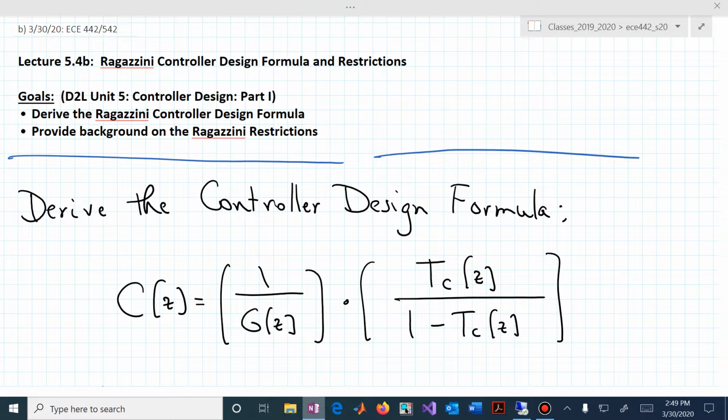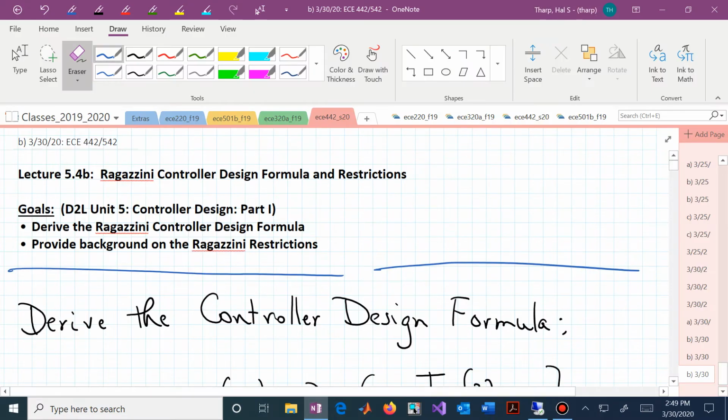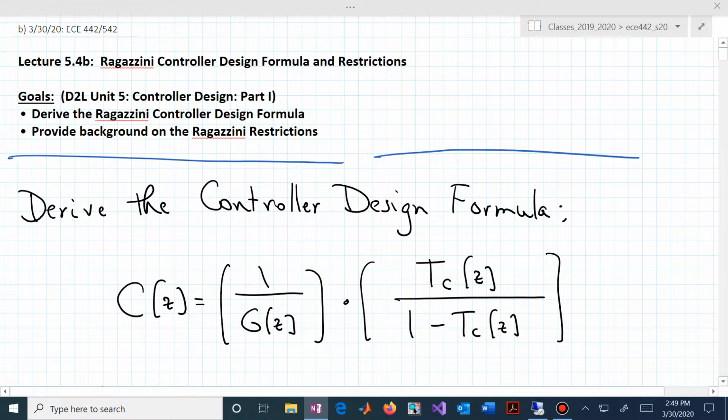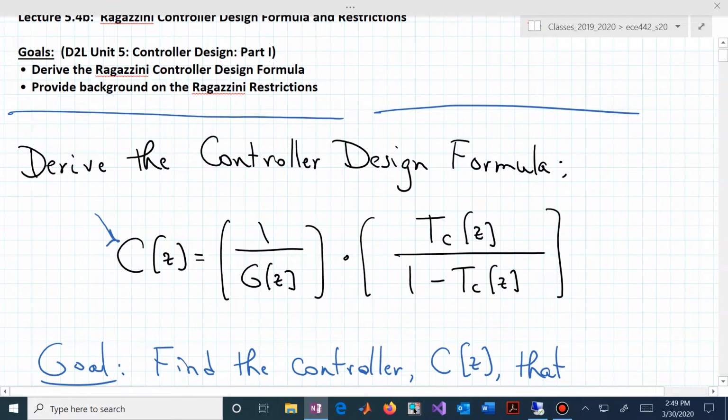Let's start by deriving this design formula, which is 1 over g of z times t sub c of z over 1 minus t sub c of z. And c of z is our controller. Hopefully we are remembering all of these different transfer functions.